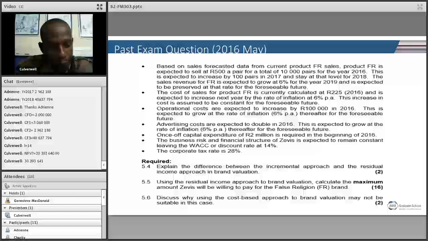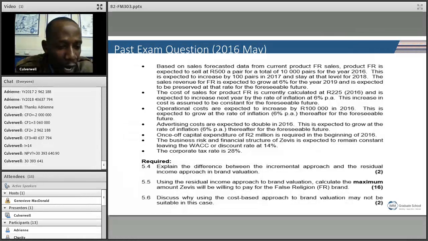I'm getting 30,393,640.90. If you then round this figure off, it becomes 30,393,641.